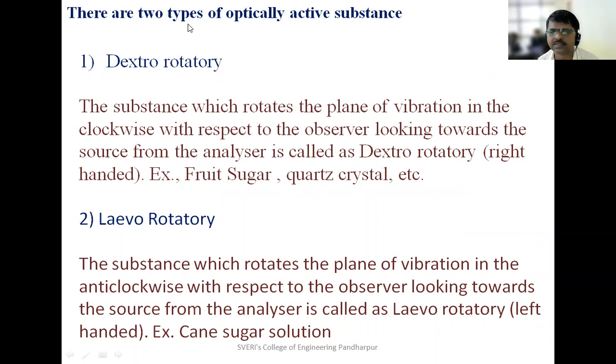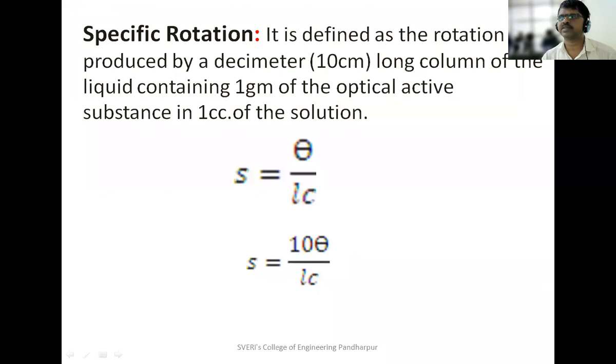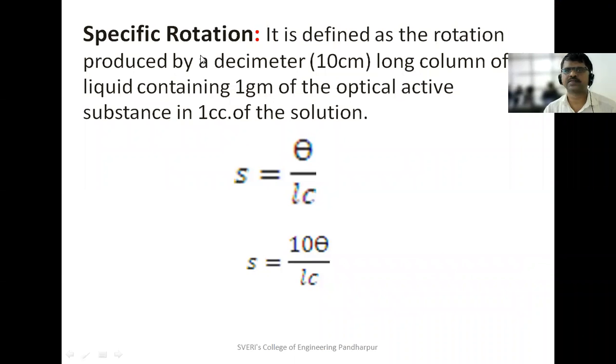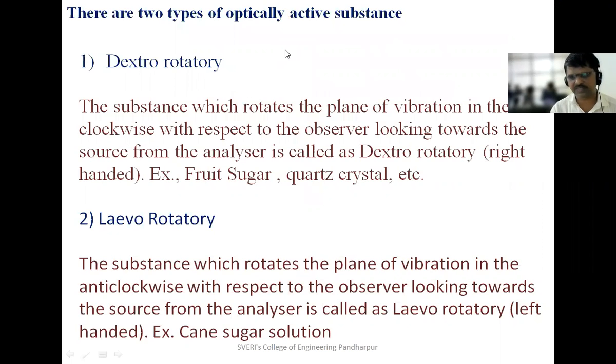Next line. There are two types of optically active substances. First one is dextrorotatory and second one is levorotatory.